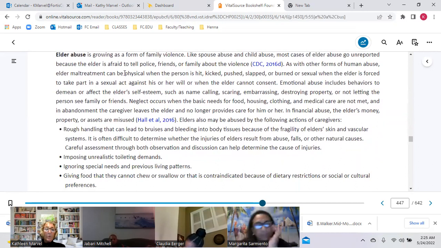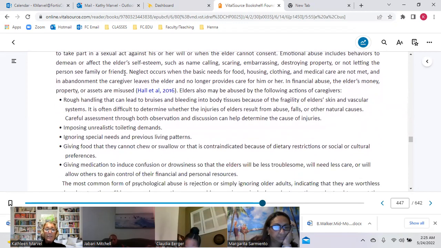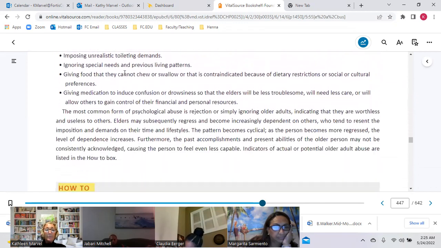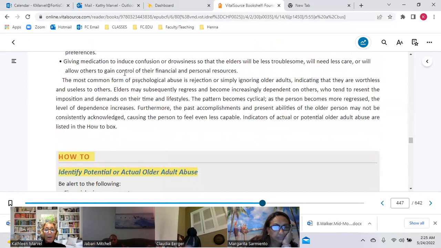Emotional abuse of elders: demeaning them, affecting their self-esteem, name calling, scaring them, embarrassing them. It's really sad. But we have to be prepared to recognize it. Most common form of psychological abuse is rejection or simply ignoring older adults, indicating that they're worthless and useless.